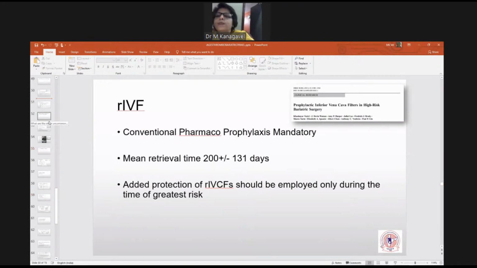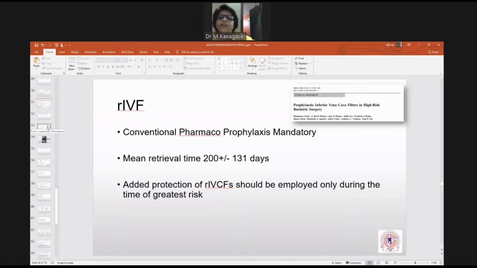Typically, in those patients where you cannot give mechanical prophylaxis and also chemical prophylaxis, IVC filters are strongly recommended. Like the patients who have, typically, very high BMI, paraplegia, history of DVT, history of PE, and the patients where you may not be able to give very high doses of chemical anticoagulation, these will be the people.